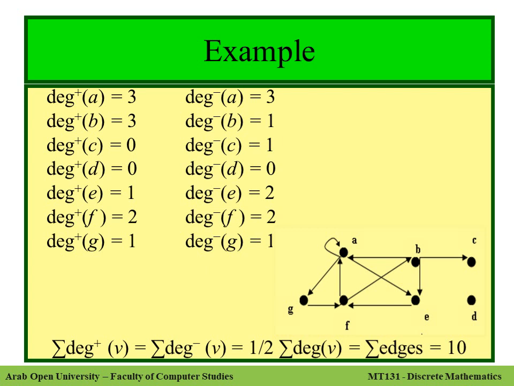If you add them, the sum in each case will be 10. Of course this is the sum of the out degrees is equal to the sum of the in degrees, which is equal to the number of edges in the graph, which is 10.